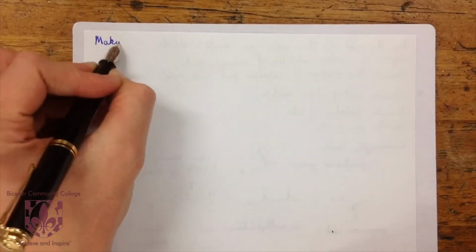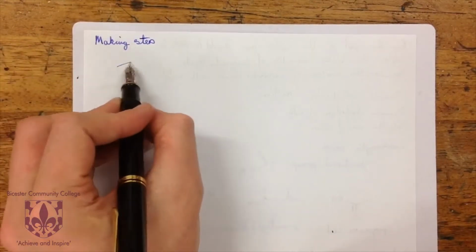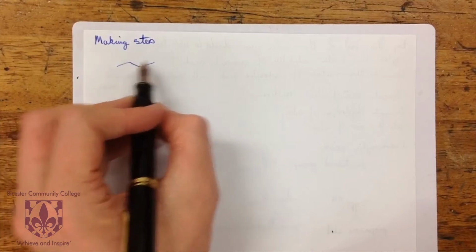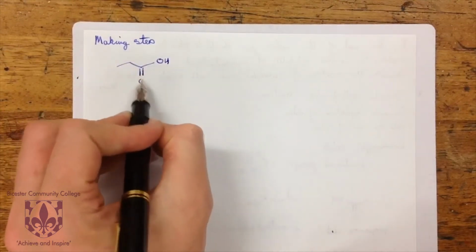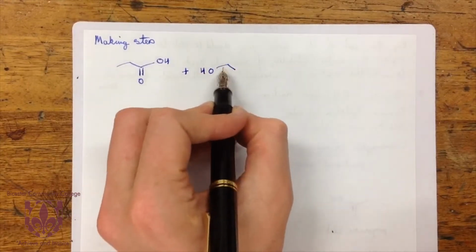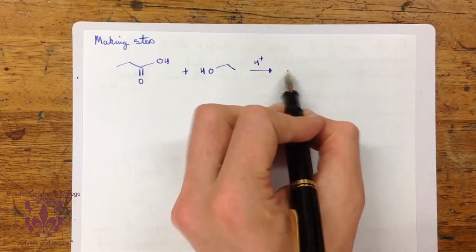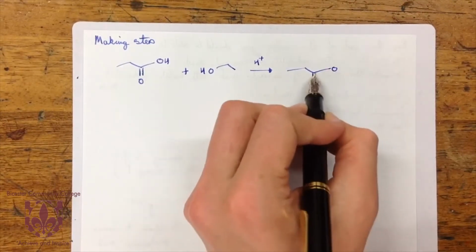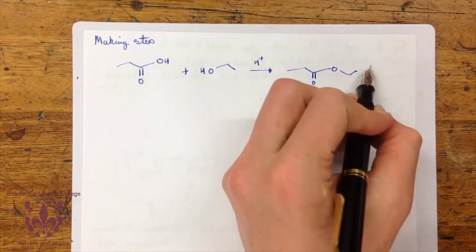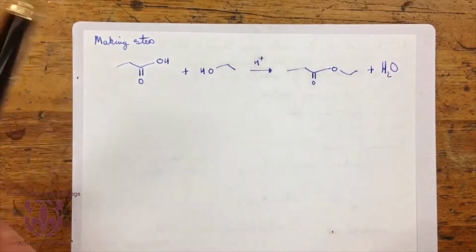So let's start off with propanoic acid, and we've met at AS. Our general reaction for an ester is acid plus alcohol goes to ester plus water with an acid catalyst.